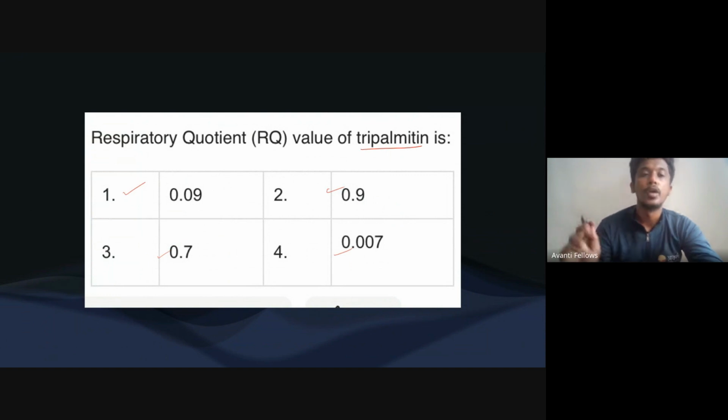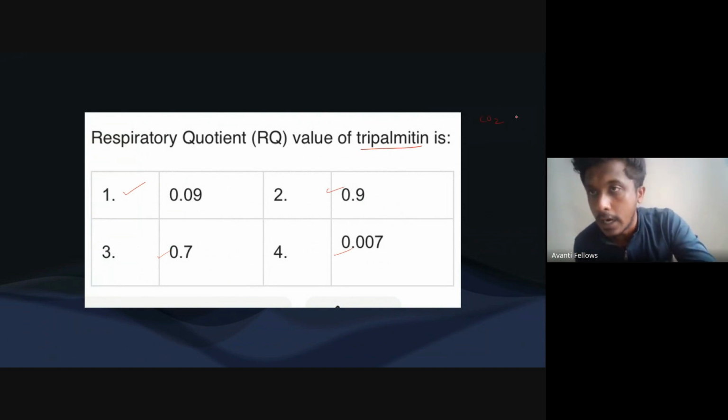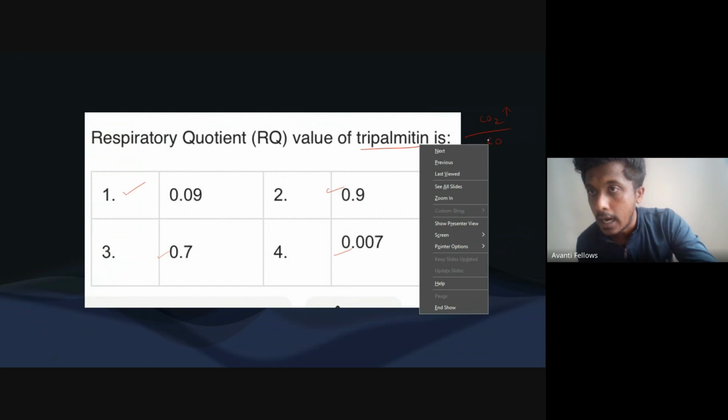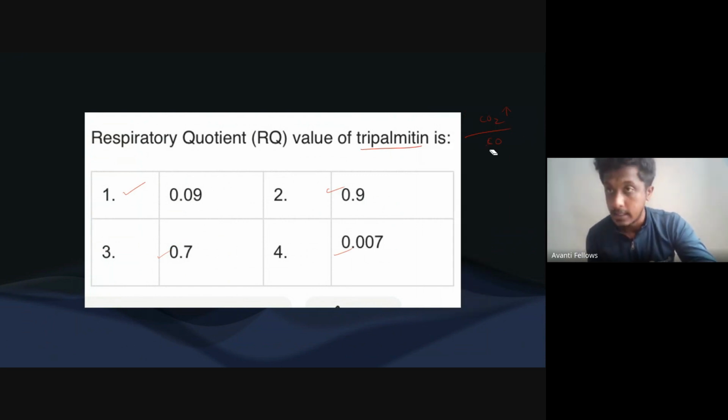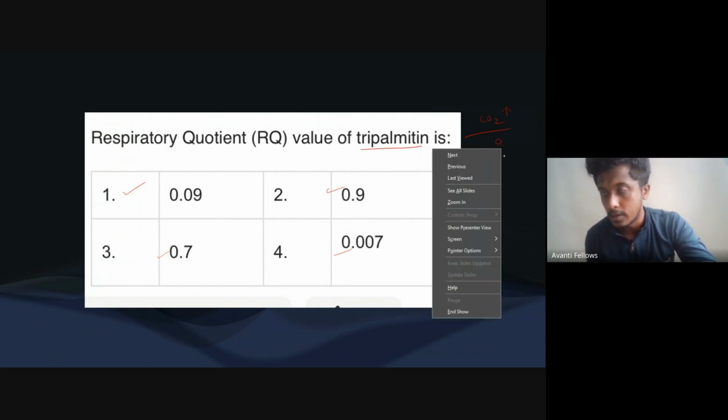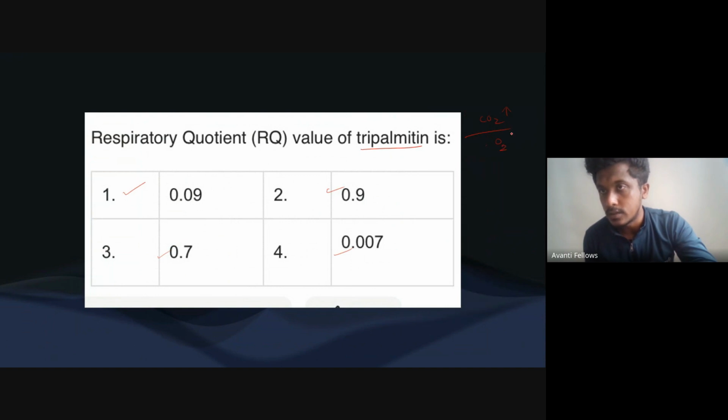Okay. See, when we talk about respiratory quotient, I told you amount of carbon dioxide released divided by amount of oxygen consumed. Now see students, whenever I take 3 examples, one is carbs, next one is fats, other one is proteins. This is a very important value and very easy to remember.